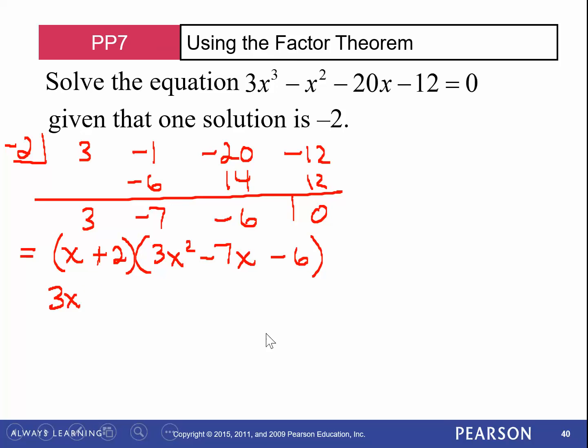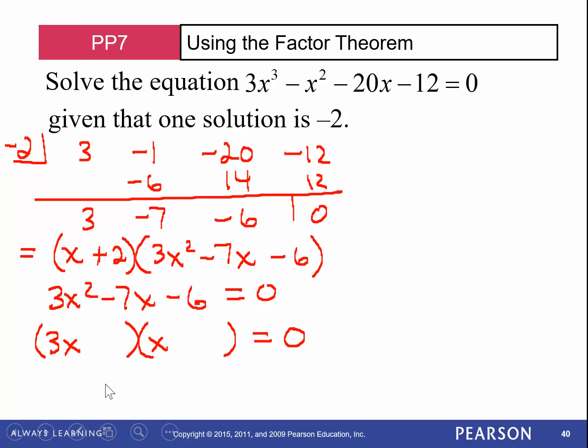Yep, this is the fun part of factoring, isn't it? Where you have to guess and check here. Only way I get a 3x squared is a 3x times x. Now I need multiples of negative 6 in here, so the outside inside terms give me a negative 7. I'll let you guys try that yourself.